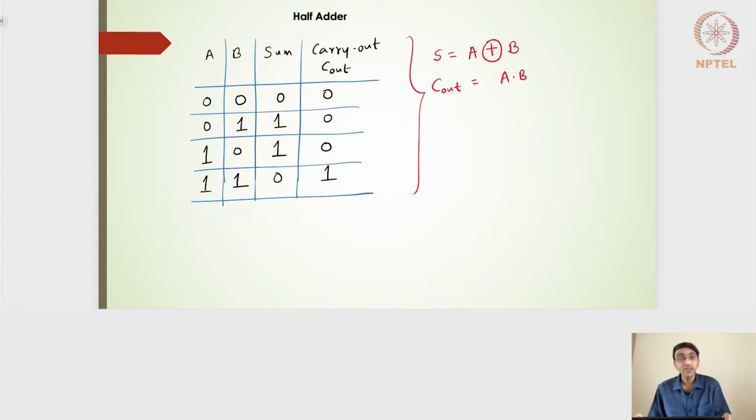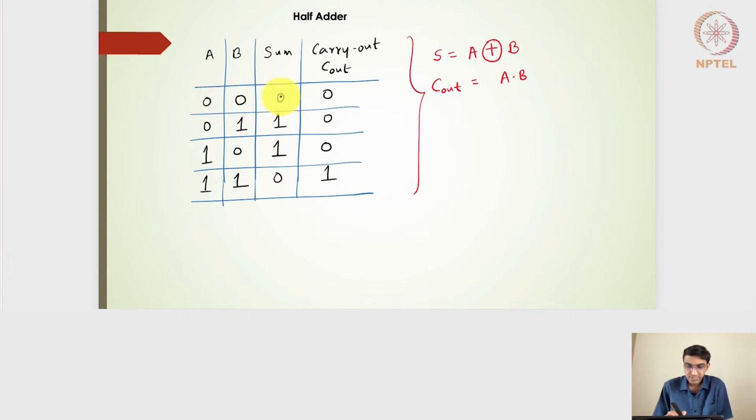As we know, the half adder doesn't involve the carry input, and has only 1 bit of A and 1 bit of B, and we want to get the sum of the 1 bit of A and 1 bit of B, and the carry out due to the addition of the 1 bit of A and B. So, the two input bits, where the carry input is not considered, will have 4 such combinations starting from 0, 0 to 1, 1, and then we will have 4 such output values.